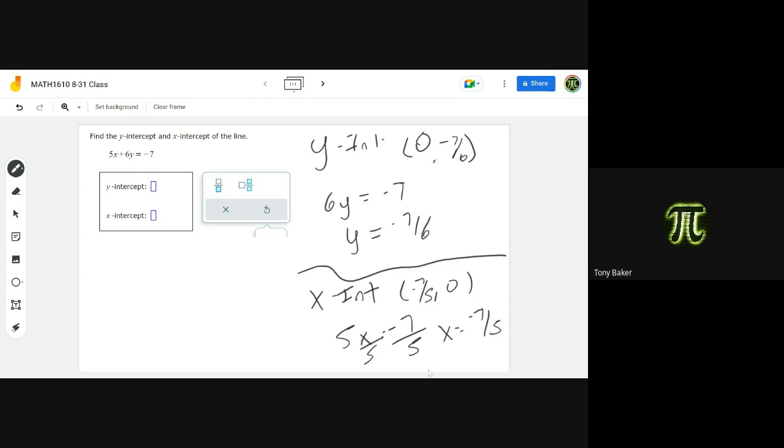So for A, we'd have line PQ, because we don't know which one is going to be the corner. They don't put it on a graph and say, here are the points. So we have to figure out PQ, PR, and then QR.